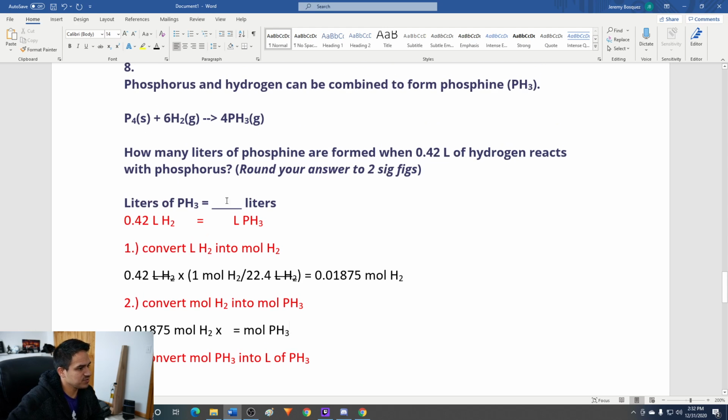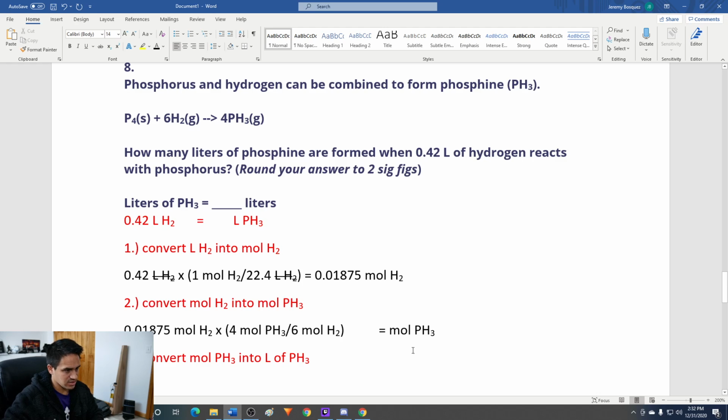balanced chemical equation. So it looks like for every 6 moles of H2, we make 4 moles of PH3. So it's a 6-to-4 ratio or a 3-to-2 ratio, but either way, we're going to set it up like this. So since we're starting with moles of H2, we're going to have 4 moles of PH3 on the top over the 6 moles of H2 on the bottom.